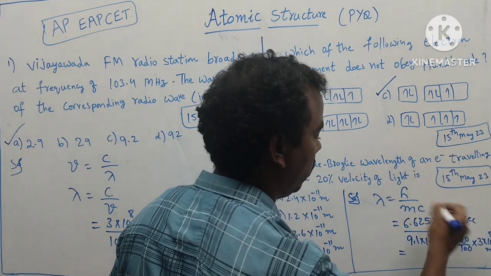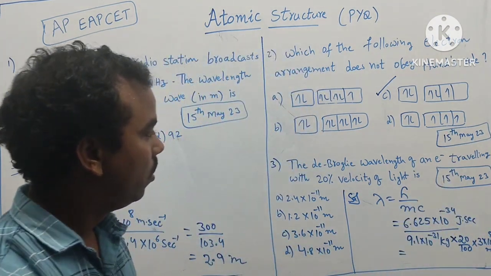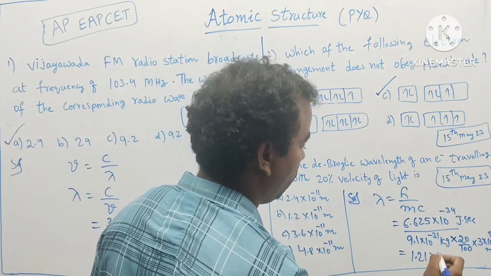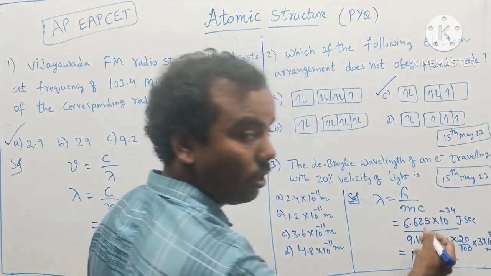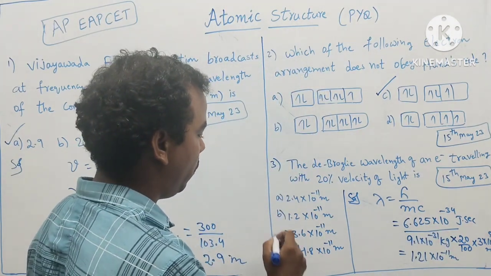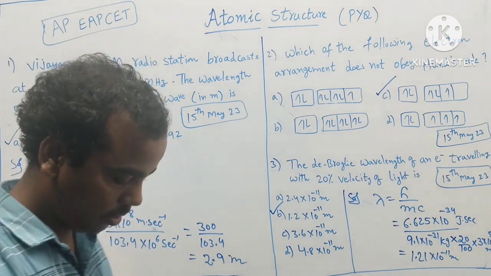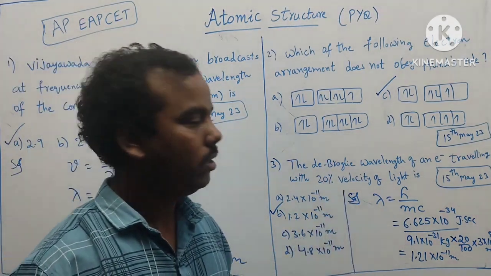If you calculate this fraction, the answer is 1.21 into 10 power minus 11 meters. So the answer is 1.2 into 10 power minus 11 meters.